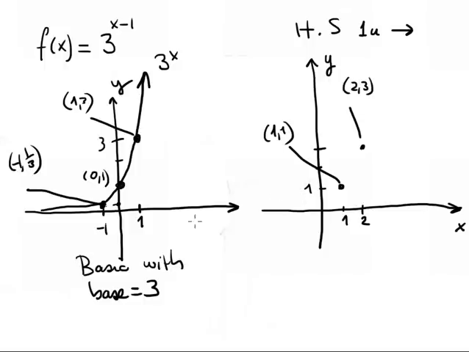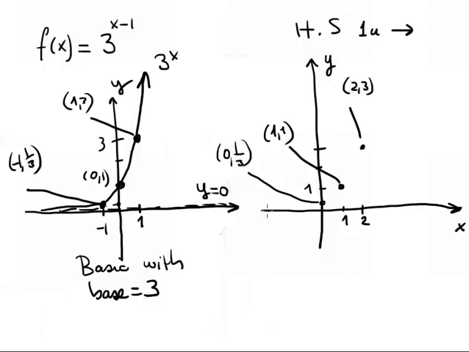This point, normally (-1,1/3), is transformed to (0,1/3), because negative 1 plus 1 is 0. And this point is (0,1/3). The asymptote stays the same, it doesn't change, because the asymptote is y equals 0.